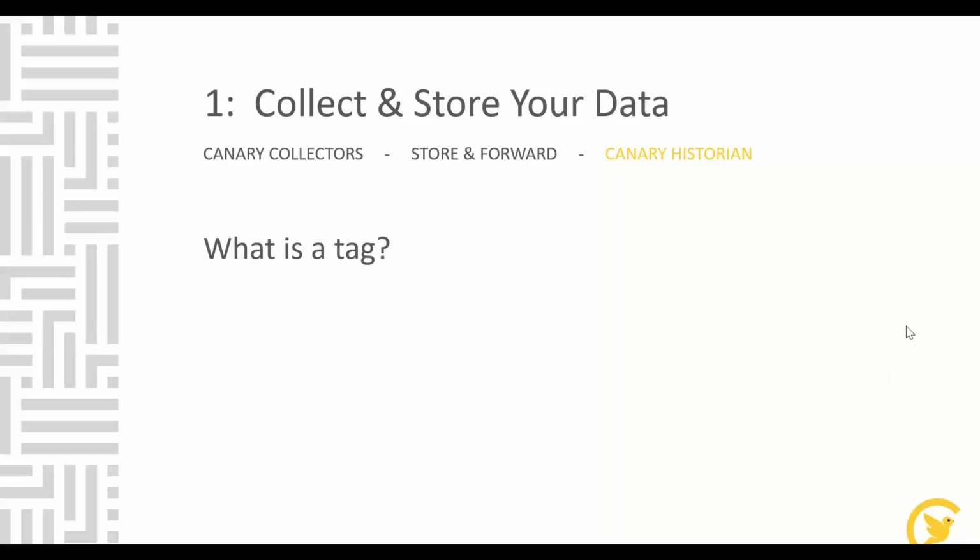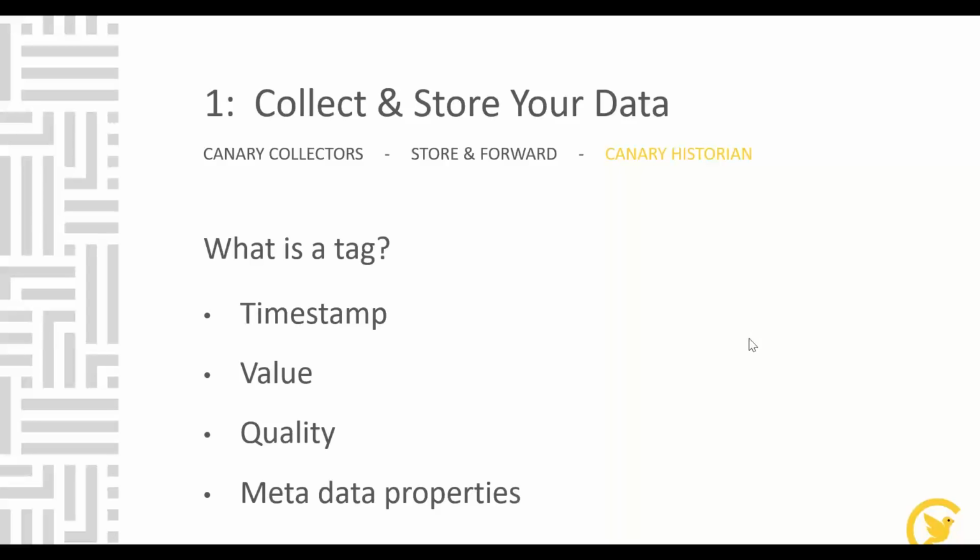Okay, so what is a tag? A tag is actually a time series record. It consists of a timestamp, a value, the quality of the data, and perhaps even metadata properties if some machines add them on top of that. So the tag contains these 4 things.